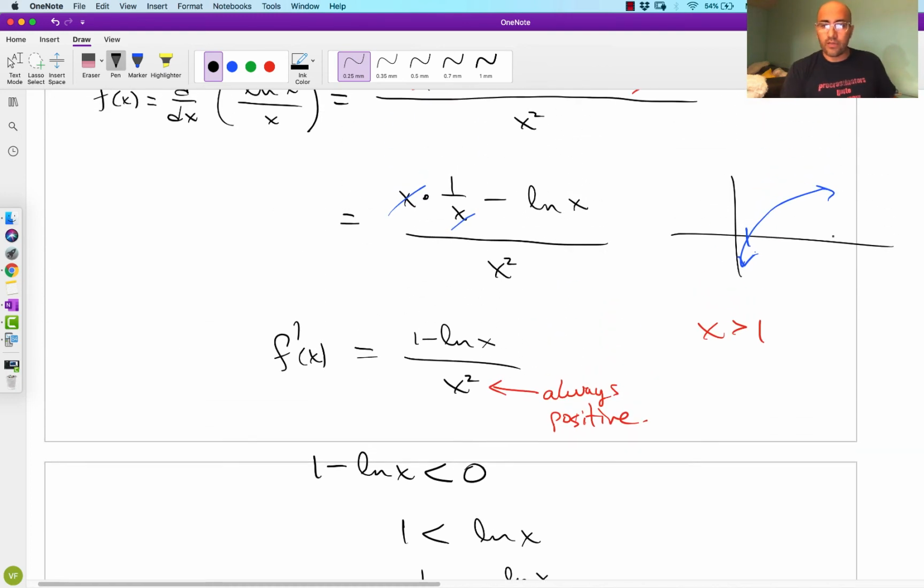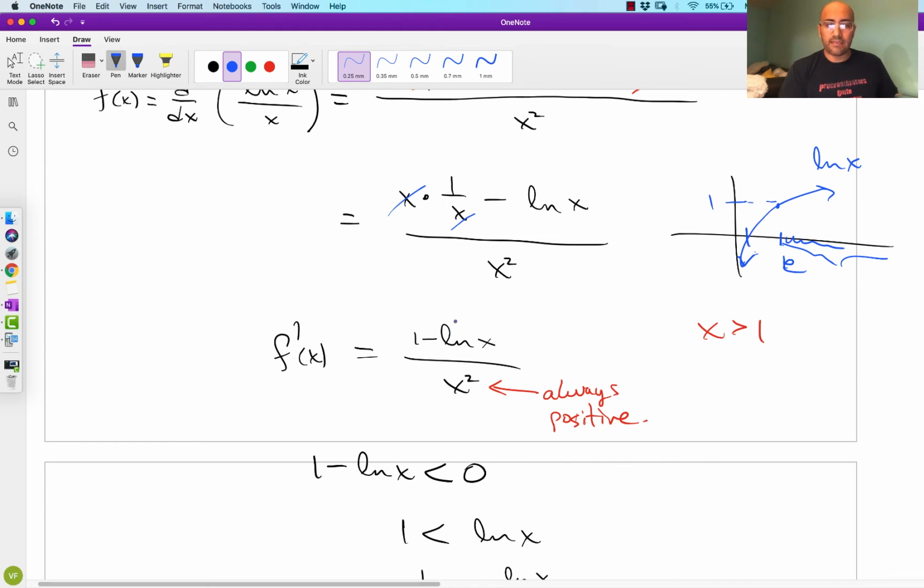So if we go out here and figure out the input value of e, this is ln of x, and we think about where the input value of e is, ln of e is just going to be equal to 1. And for x values to the right of that, whenever it's bigger than that, the output of the ln function is going to be bigger than 1.